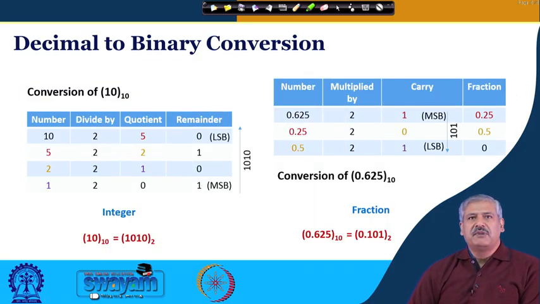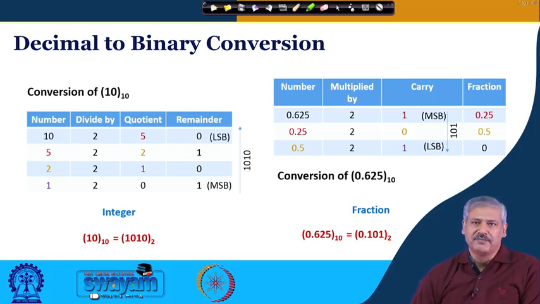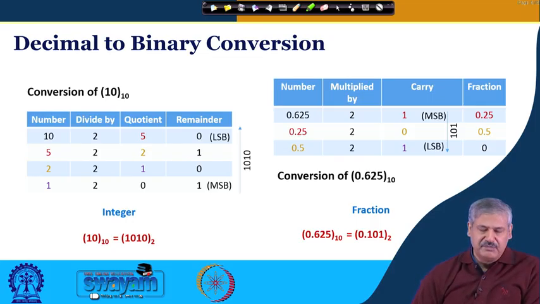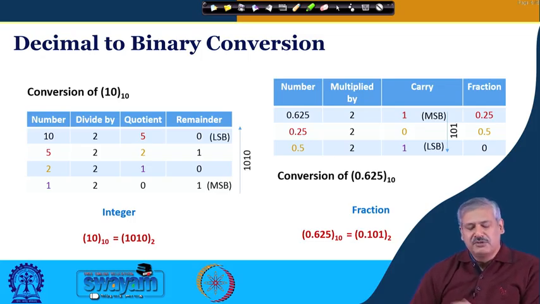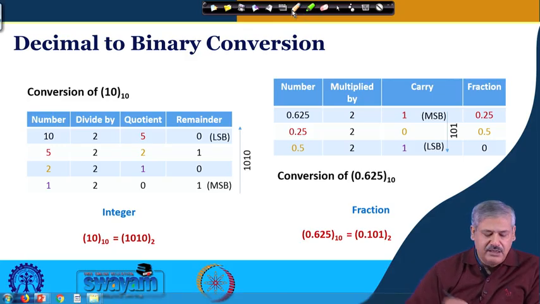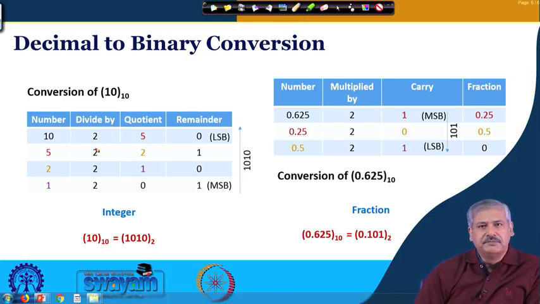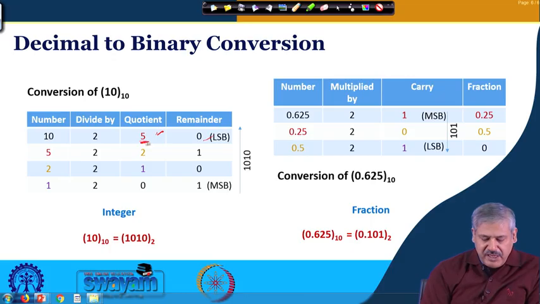Now that was binary to decimal. If we have a decimal number and want its binary equivalent, how do we do it? Let us first look at the integer part. When we look at conversion of, say, the integer part 10, we first divide 10 by 2. Note the quotient and the remainder. This quotient 5 comes over here.